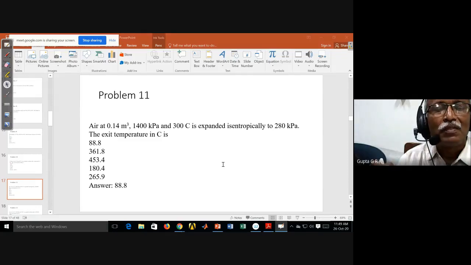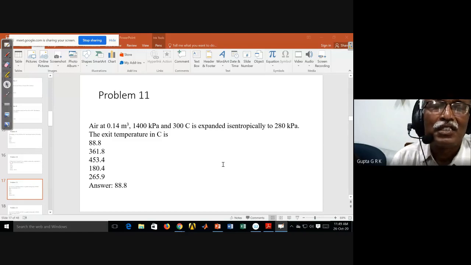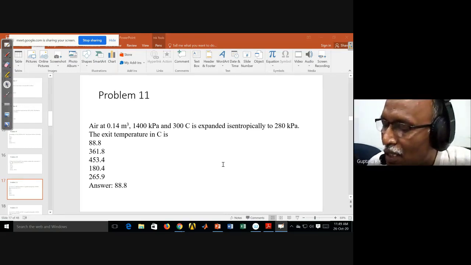So T2 by T1 is P2 by P1 to the power of gamma minus 1 by gamma, so you can find out the exit temperature. In the same way, with the same data, you are asked to find the mass, then the change in internal energy, m Cv (T2 minus T1), and then the heat transfer, like that.